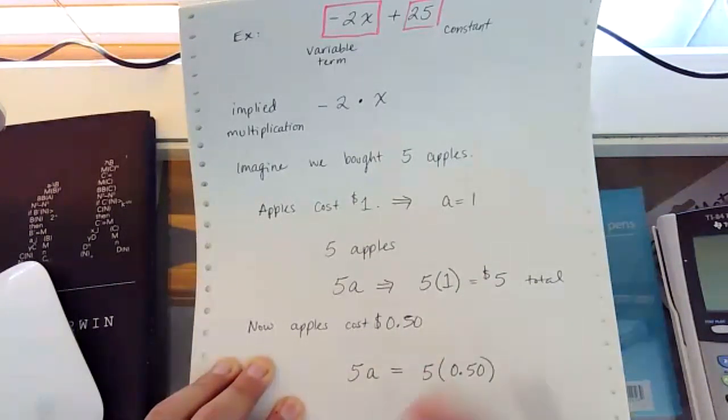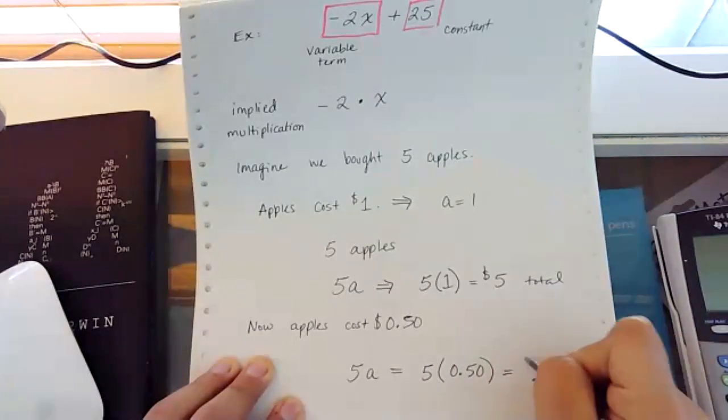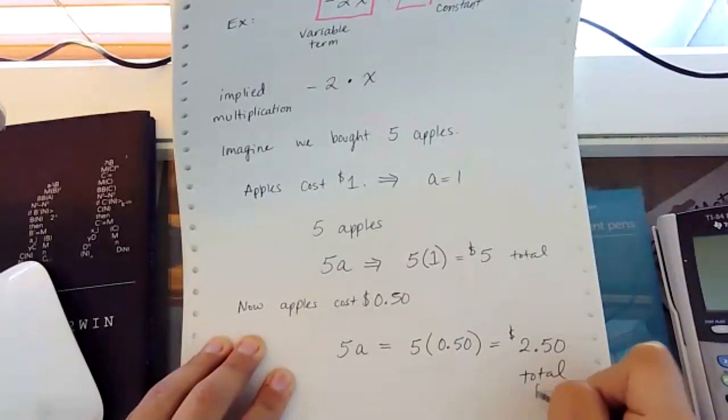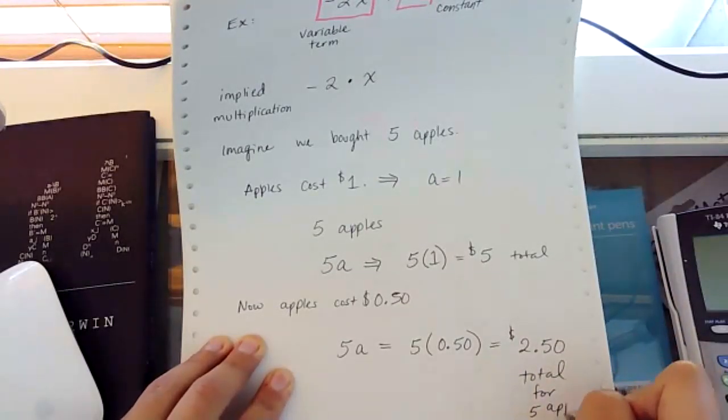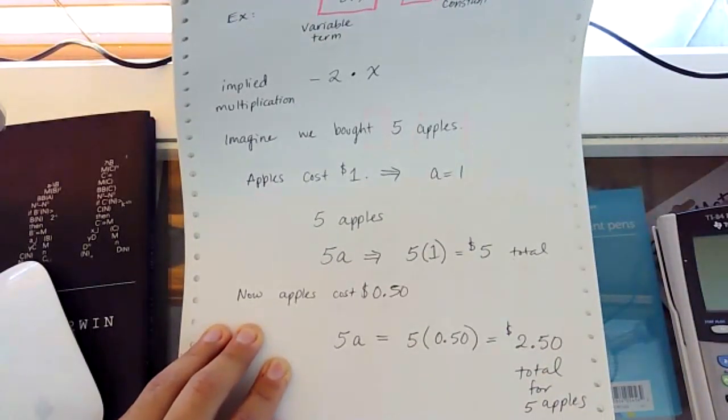So 2 of these would be $1, 4 of them would be $2, and then we'd have $2.50 here for our total bill for the 5 apples. Does that make sense? So you're already sort of using variables in your life.